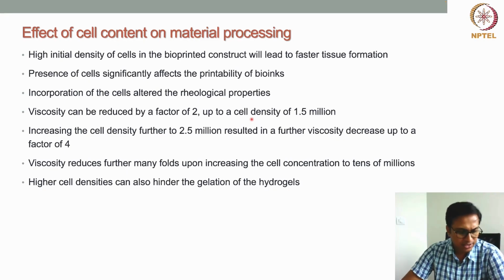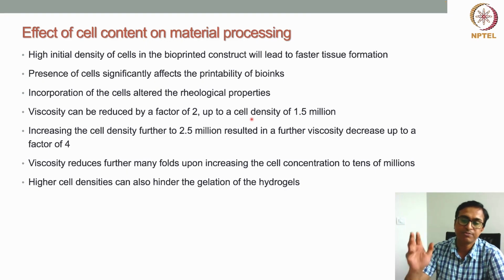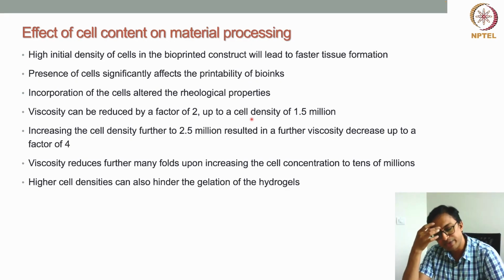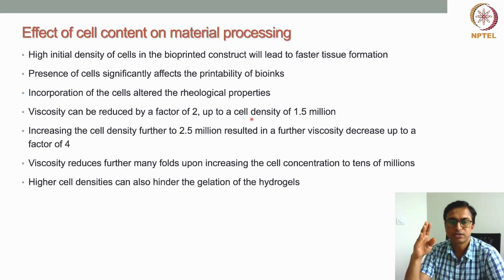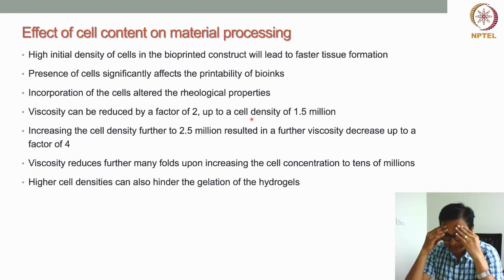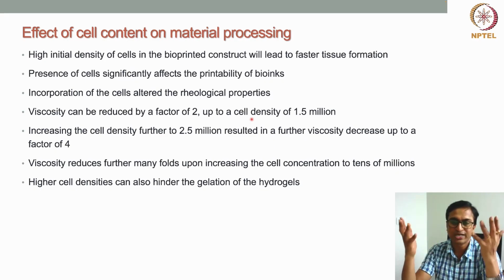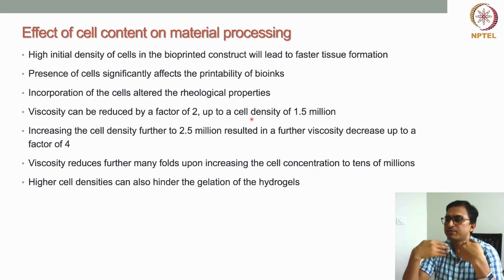It has been found in some studies that they have measured this. Suppose we include 1.5 million cells per ml of this bioink, then the viscosity can be reduced by a factor of 2. That means the viscosity would be almost half, or less than half, of the bioink when we add that many cells. Again, if the cell number is increased to 2.5 million per ml, then the viscosity can be decreased by a factor of 4.